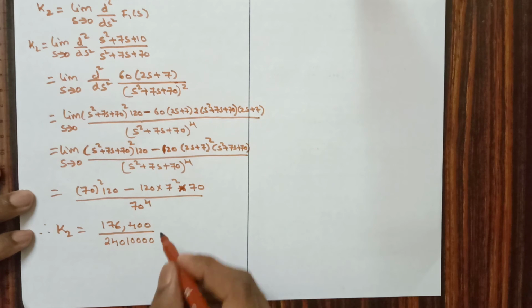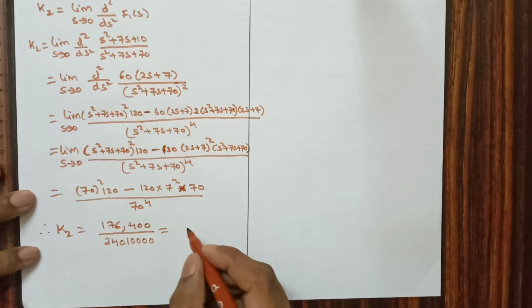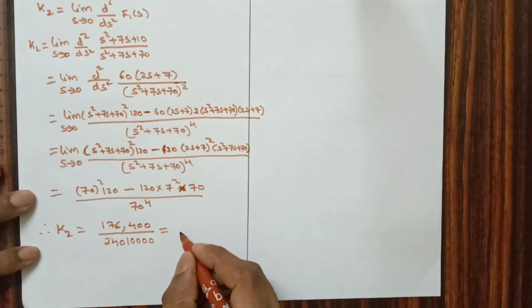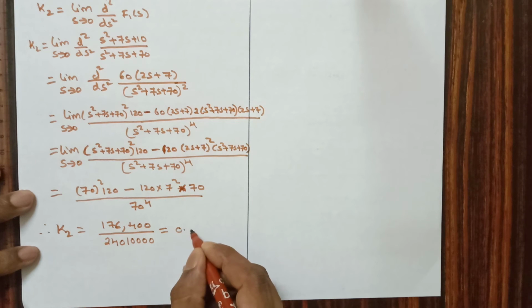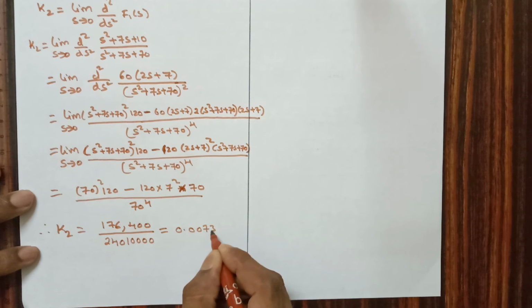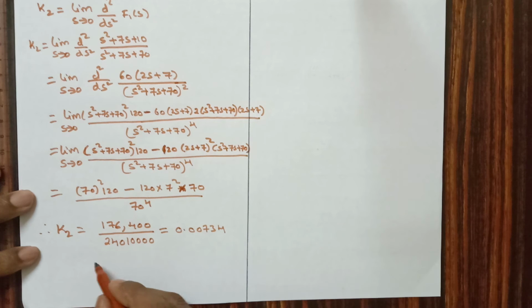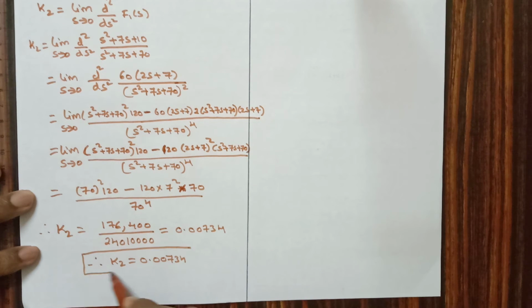So by simplifying this, we are getting a value of 0.00734. So therefore k2 value is 0.00734. So we have calculated K0 value, K1 value and K2 value.